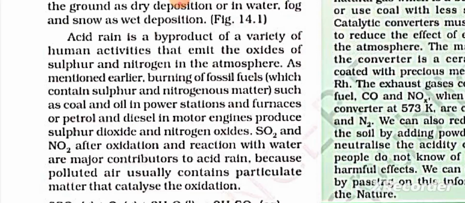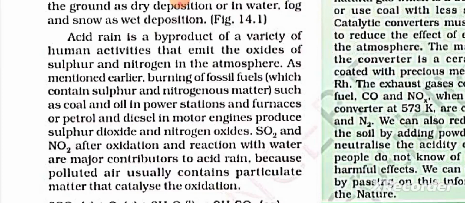As mentioned earlier, burning of fossil fuels containing sulfur and nitrogenous matter, such as coal and oil in power stations and furnaces, or petrol and diesel in motor vehicles, produces sulfur dioxide and nitrogen oxides, SO2 and NO2, which after oxidation and reaction with water are the major contributors to acid rain.